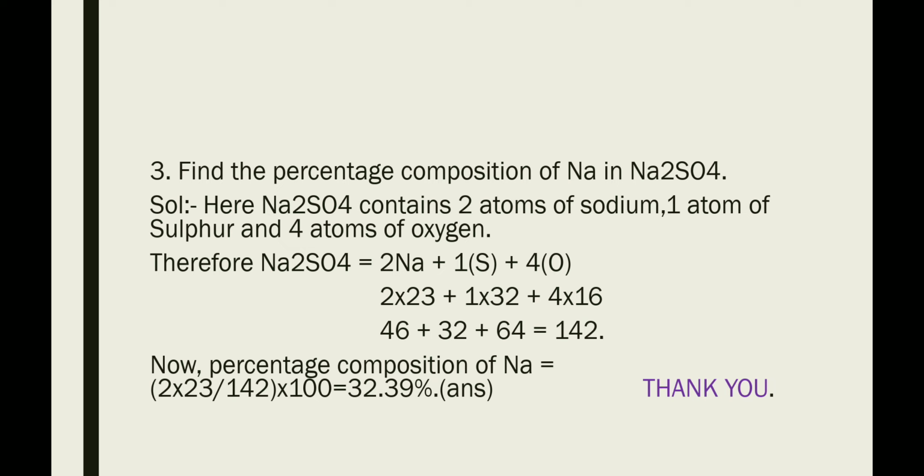That implies one molecule of sodium sulfate contains 32.39% of sodium. Similarly, we can solve any sum of this type by calculating its molecular weight and then the particular element's percentage composition.